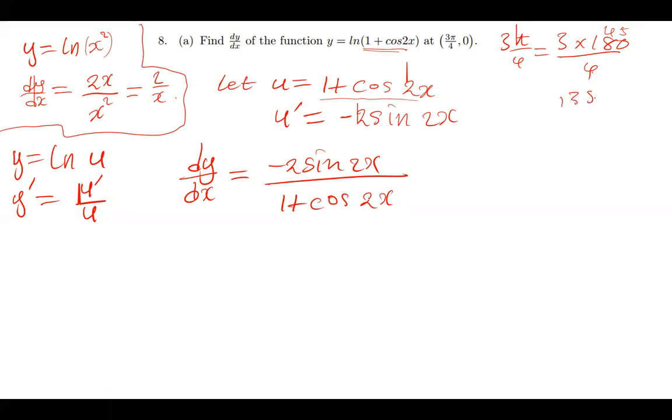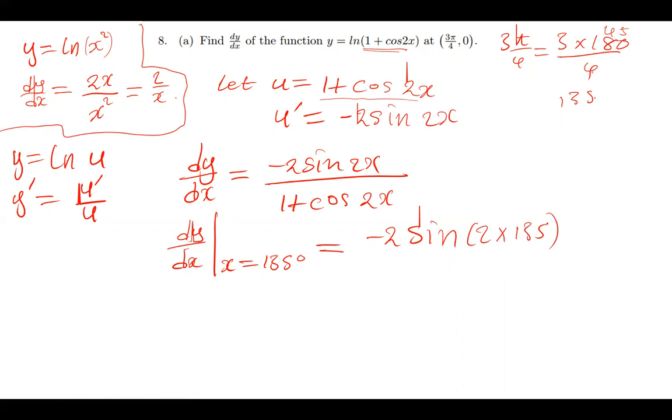So dy dx when x is equal to 3 pi over 4, which is just 135 degrees, will be found by negative 2 sine of 2 times 135 degrees, everything divided by 1 plus cos of 2 times 135 degrees.